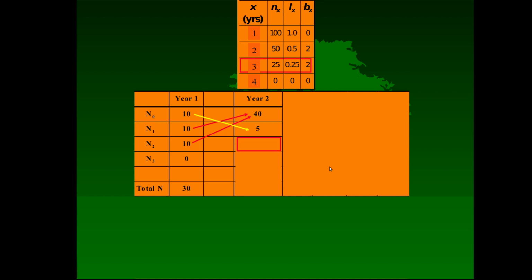Same argument applies to the next age. These can only come from age 1, but the survival from age 1 to 2 is 50%. So we got 5 again there, 5 at this age in year 2. And the same for the last age group. We're going to have 0 there. So we have 50 individuals now, in the second year.